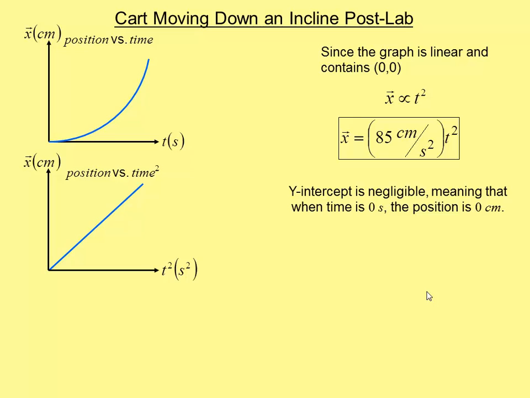One thing I want you to get here, look at this math model we made. It's got a time squared in it. Because the time is squared, that's why the original graph has the parabolic shape. This is, in fact, the equation of this graph, which we got through this process of linearization. I know that's a little weird, but linearization allows us to create the math model of a curve.